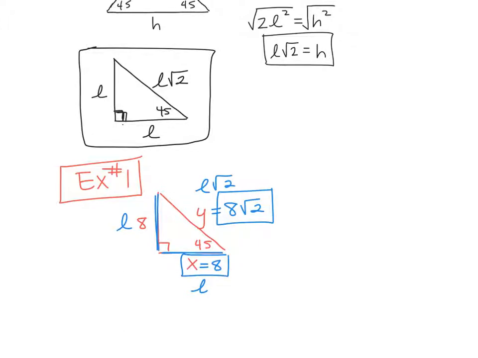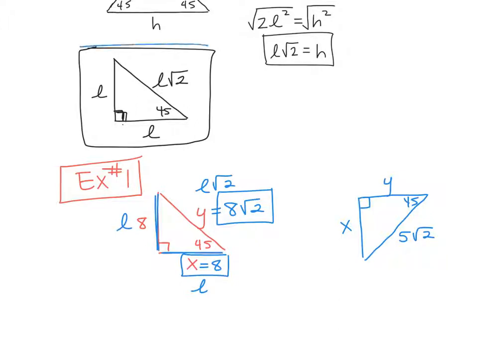Okay, what if it looked like this instead? So this is x, this is y, and this is 5 rad 2. First of all, which side are you given right now? The hypotenuse, right? You have your hypotenuse side. So that is your L rad 2 side, right?